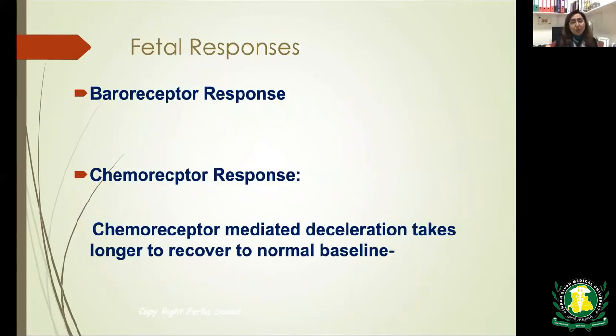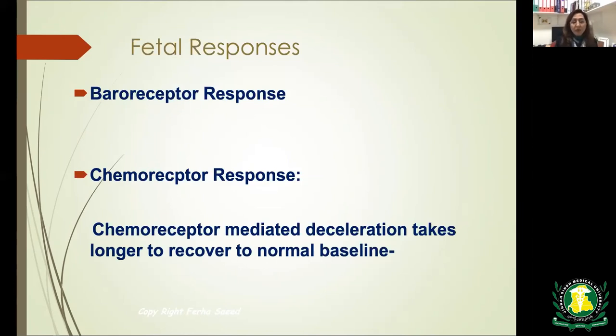As I just told you, the baroreceptor response and chemoreceptor responses all happen during contraction. If the contraction is related to the compression of the cord, then the baroreceptors will cause a very small deceleration with a very quick recovery.